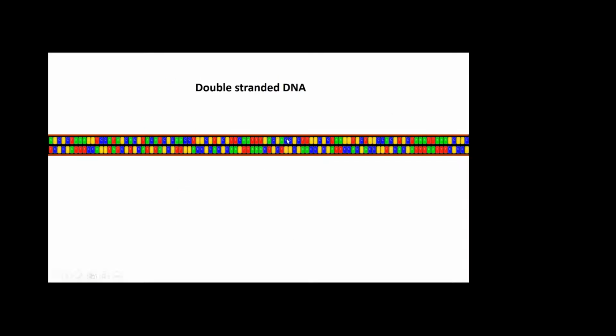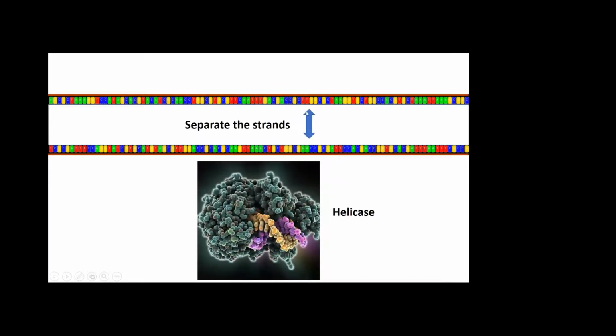So we start with a double-stranded DNA. This is a cartoonish way of representing it, but you have the 2 strands here. So the first step is to separate the strands. Yeah, and that's a protein that does that called helicase. You can see the DNA here.